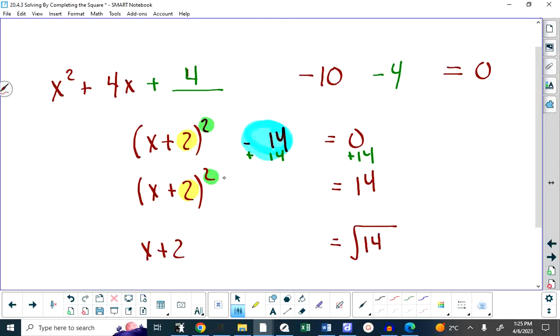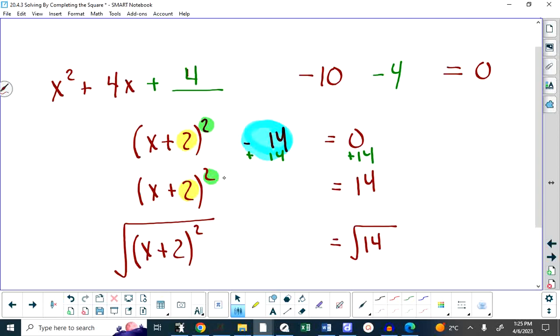I'll write this. X plus 2 squared, take the square root, equals root 14. How many of you would just write x plus 2 equals root 14? Okay. Would you actually write x plus 2 equals root 14, or would you write something different? Root 14?